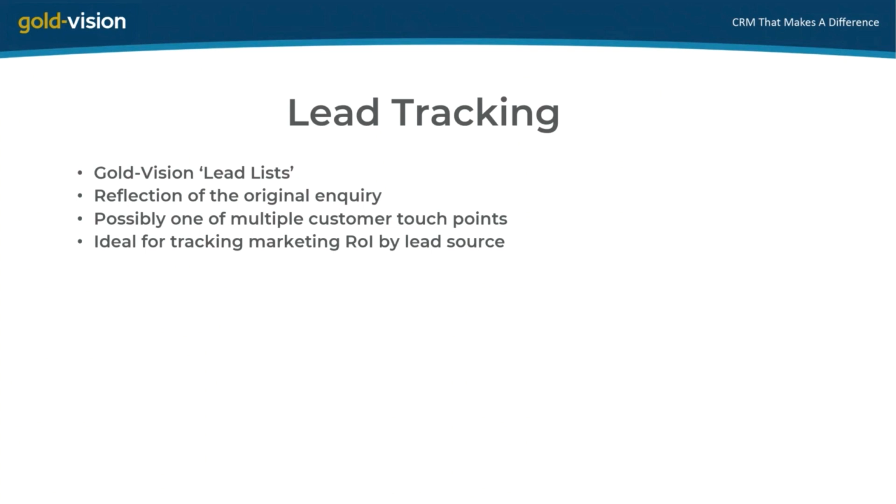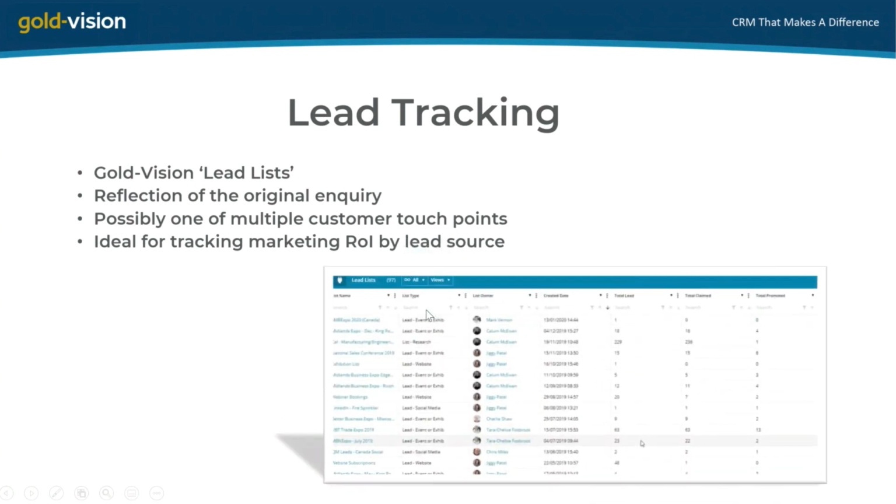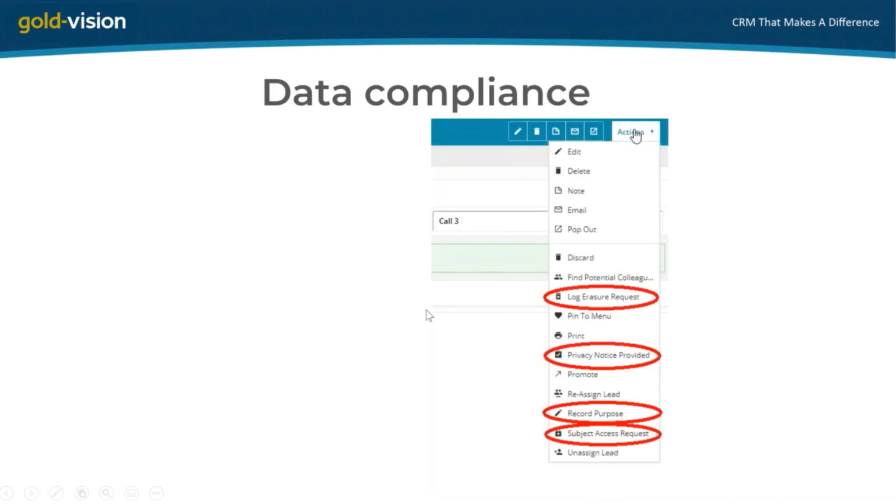And it may be that an individual company has tracked through multiple leads who all belong to the same organization. Tracking lead lists in this way can be really effective for looking at the ROI and managing marketing ongoing to leads either by individual sources or all leads as a whole to see which are the most effective.